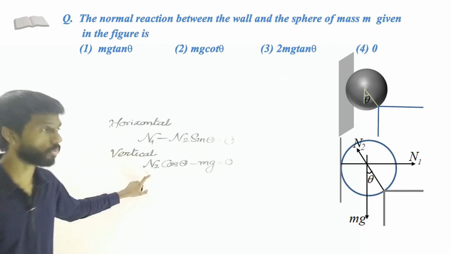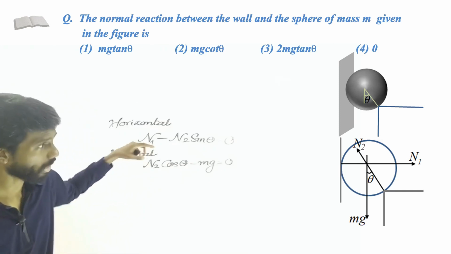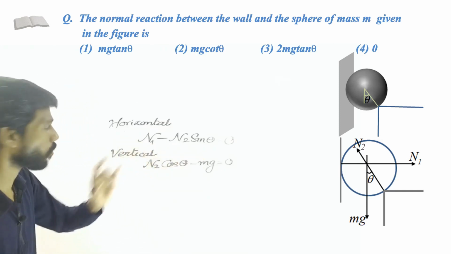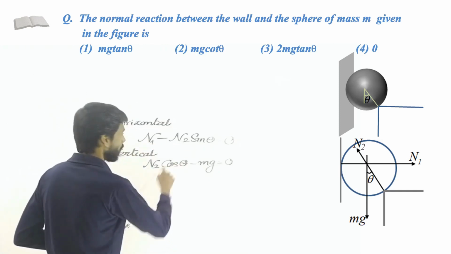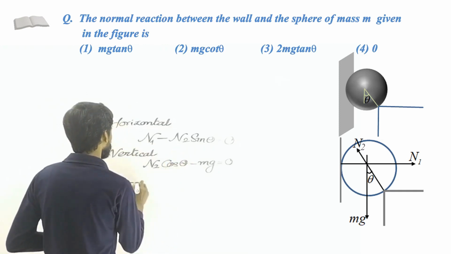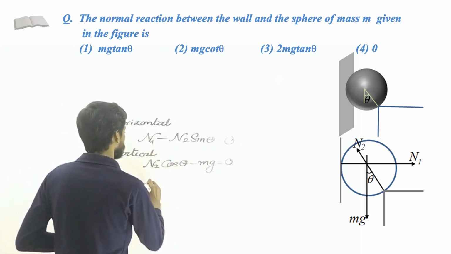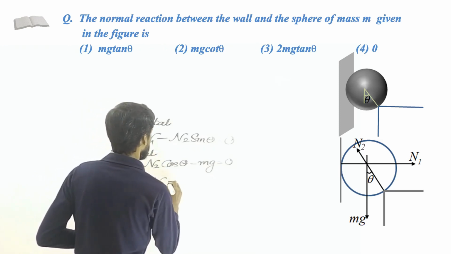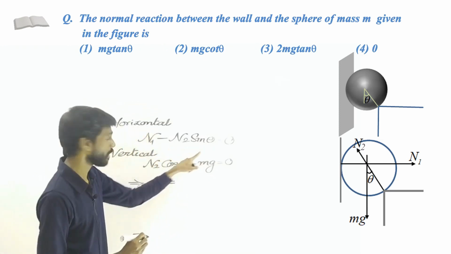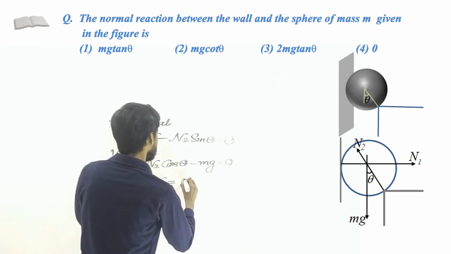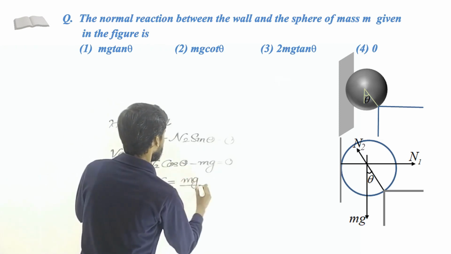What do we want to find? We want N1, the normal force by the wall. So let us simplify this. N2 can be substituted here, which gives our required value of N1. N1 equals N2 multiplied by sin theta, but what is N2? N2 equals mg divided by cos theta.